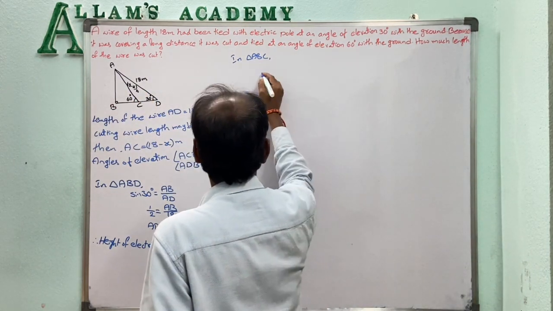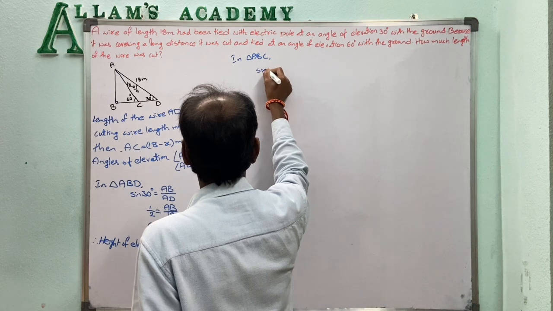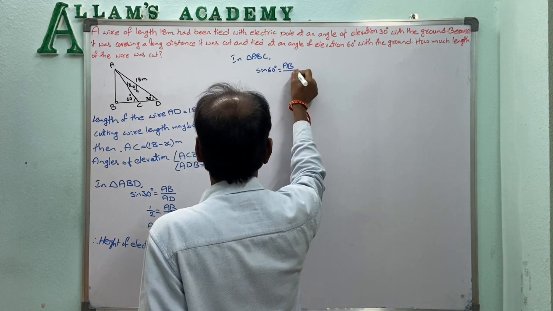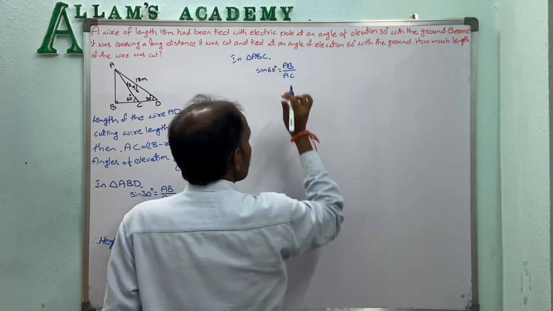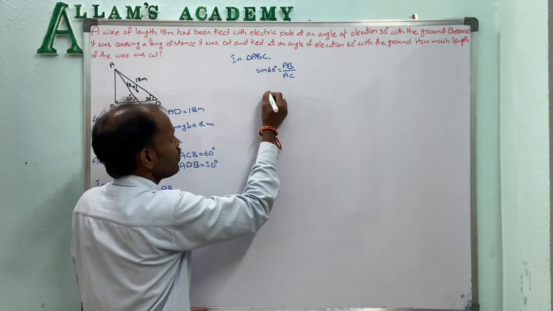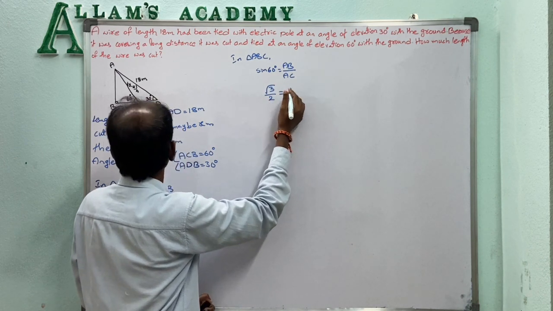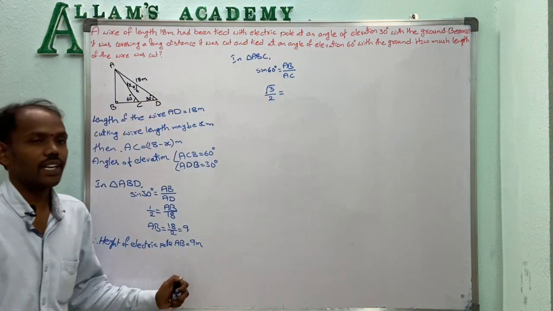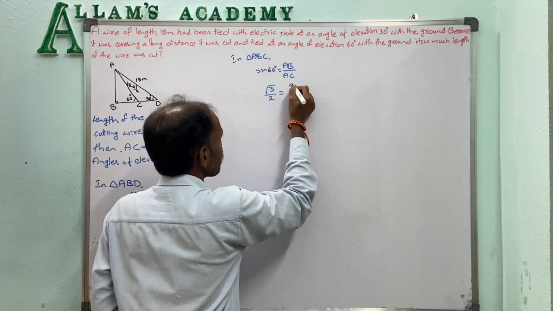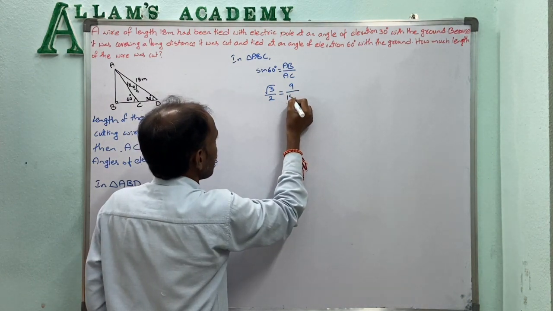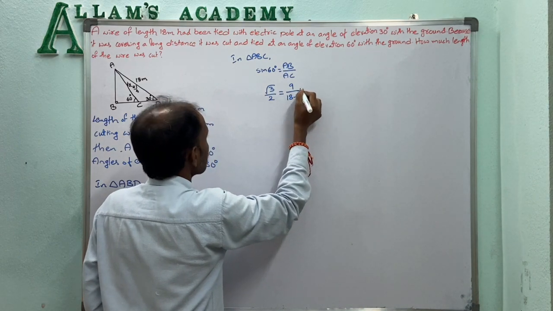So now we apply sine. Sine 60 equal to opposite side AB by hypotenuse AC. Sine 60 value is root 3 by 2, that equals AB value, which we already found, 9, by AC. AC is 18 minus x.